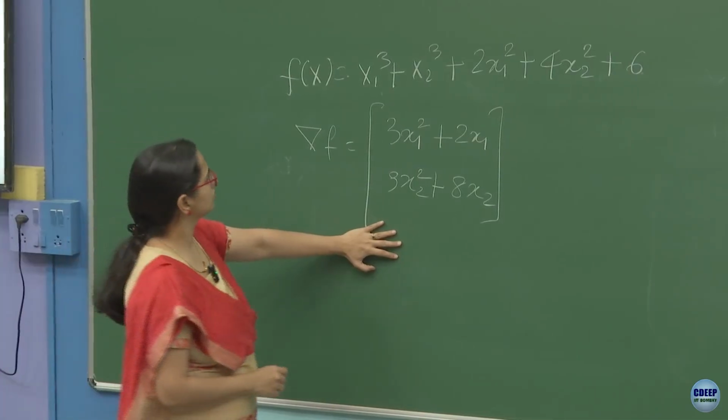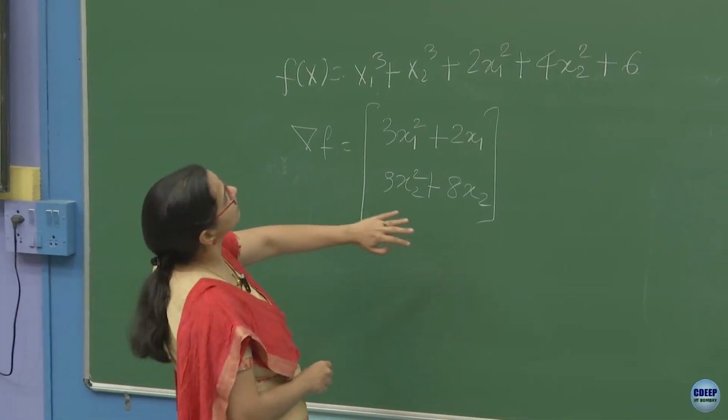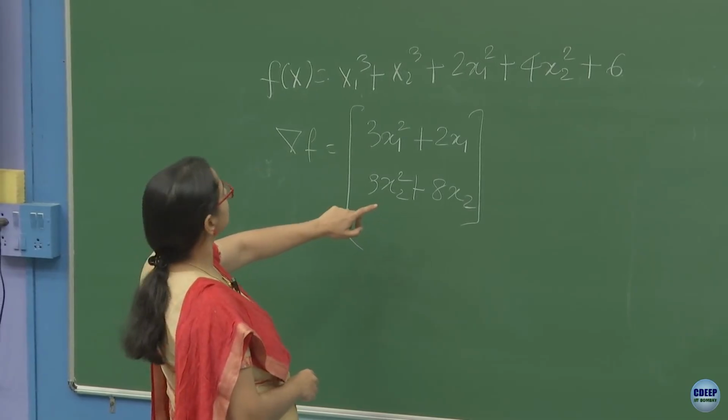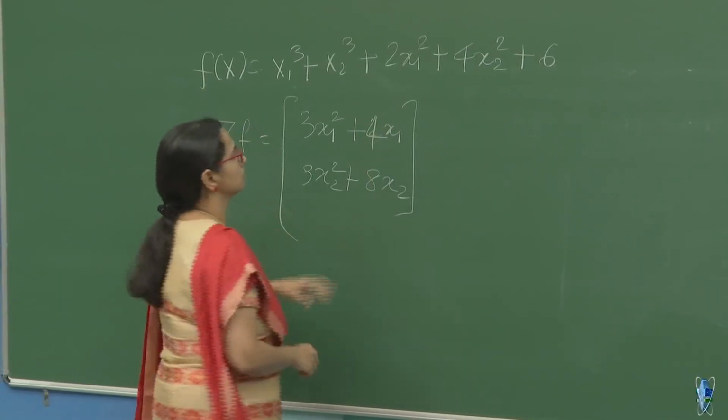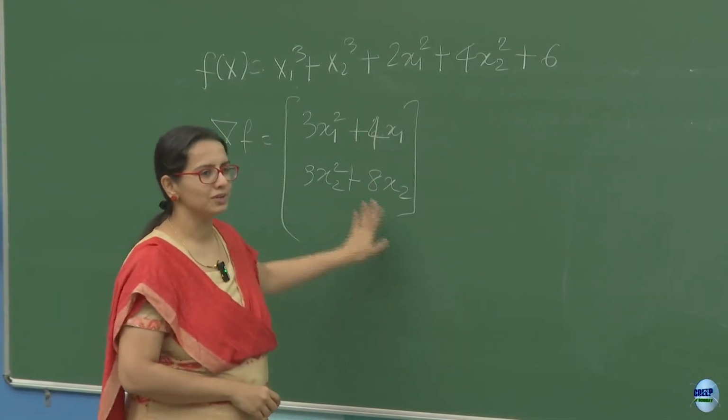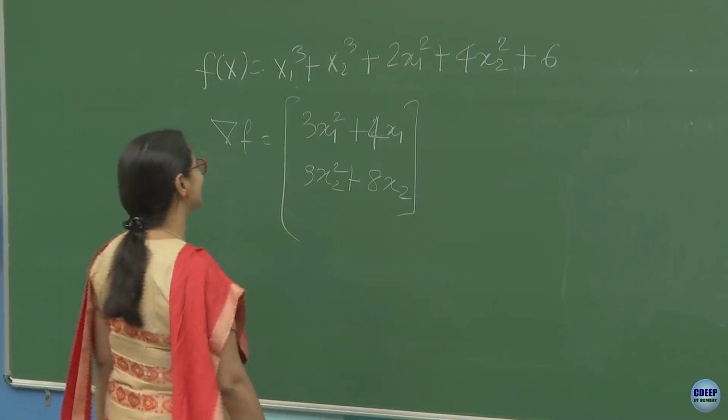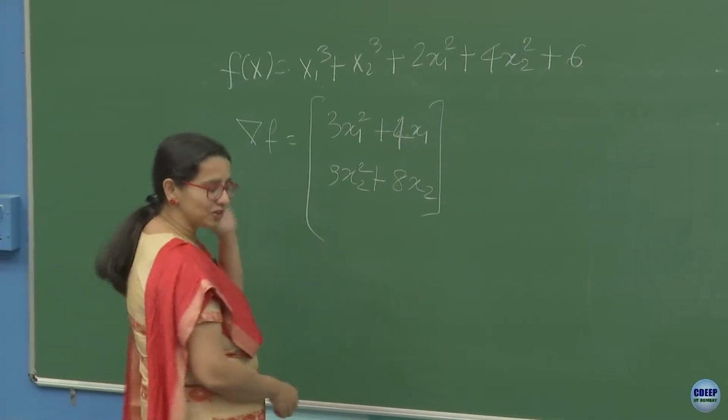Which one? I'm sorry. Where am I? Yeah, sorry. True. Thank you. I took care of it here. I forgot to take care of it here. Thank you. So what are the possible points?